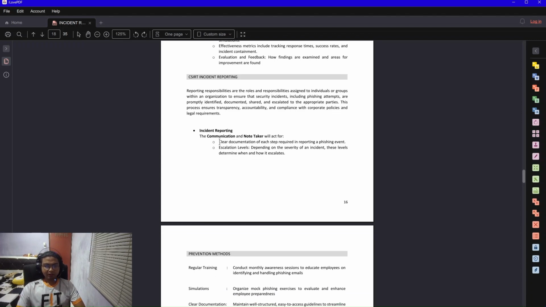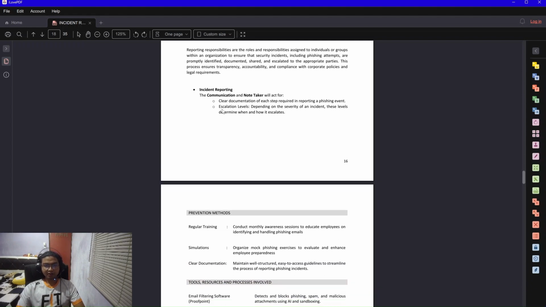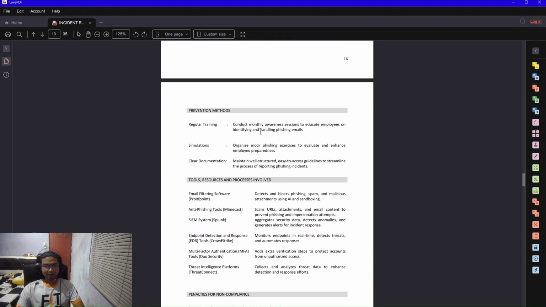The reporting, which is the communicator and note taker, will act for clear documentation of each step required in reporting a phishing event. The escalation level depends on the severity of an incident. This level determines when and how it escalates.